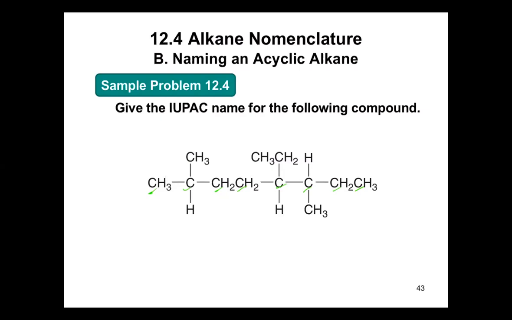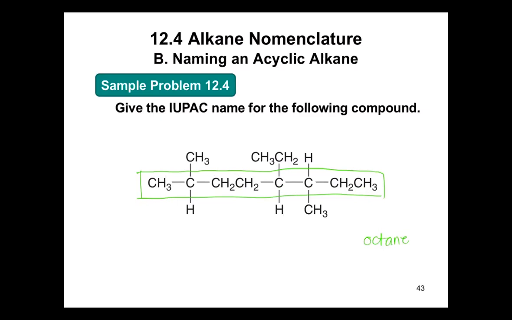So pwede rin naman na 1, 2, 3, 4, 5, 6, 7. So hindi siya pwede kasi 7 siya. Dapat longest carbon chain. So in that case, what your parent chain would be, this one. Okay? So, since siya ay 8 carbon chain, ang name ng parent chain would be octane.